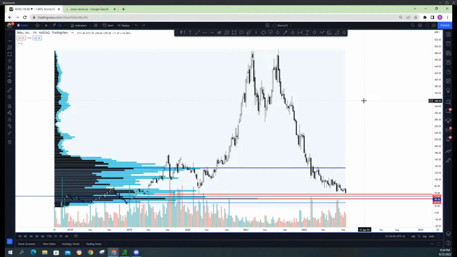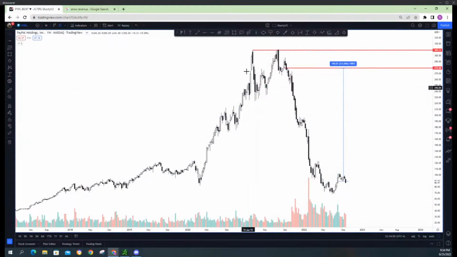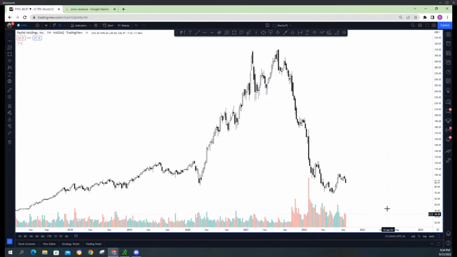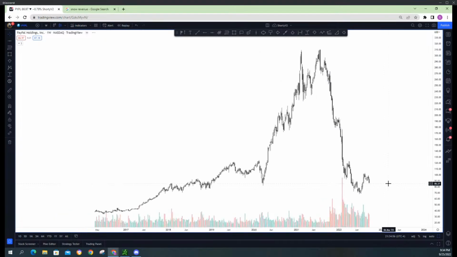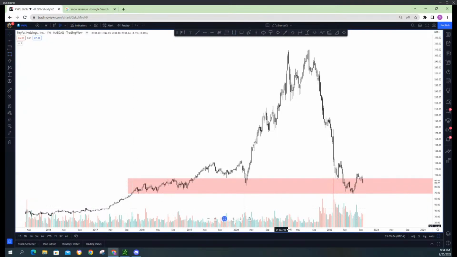Yep, so we covered Apple. Let's look at PayPal. PayPal was the first one to take a beating out of all of these boys. It's in a nice zone when you think about it from an accumulation standpoint. You guys see here, from here, they brought it back.